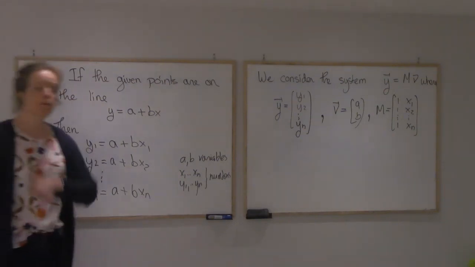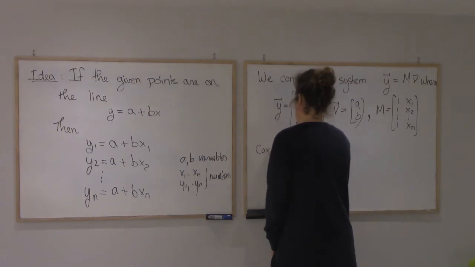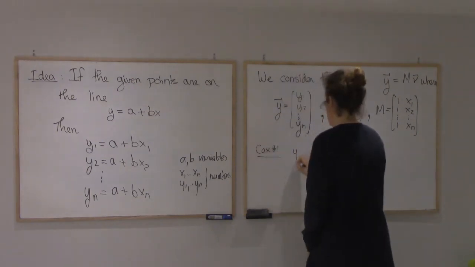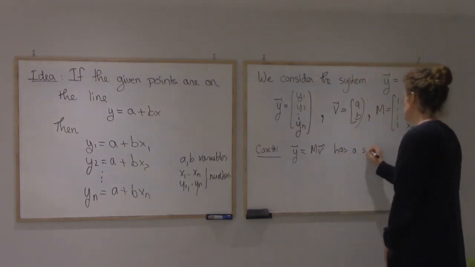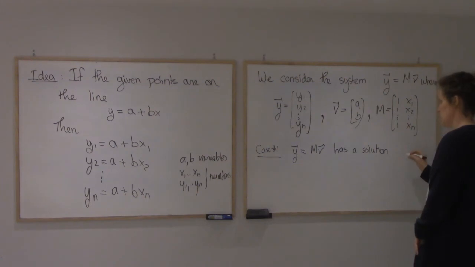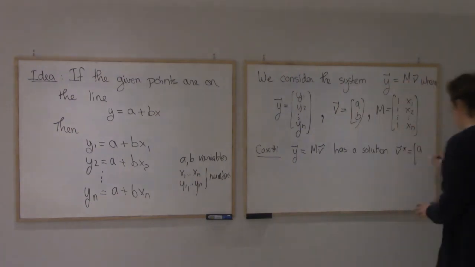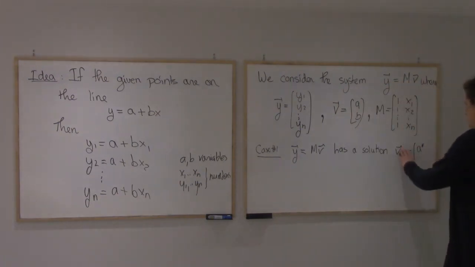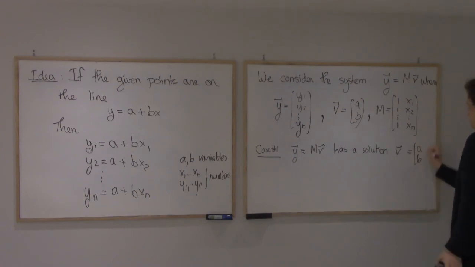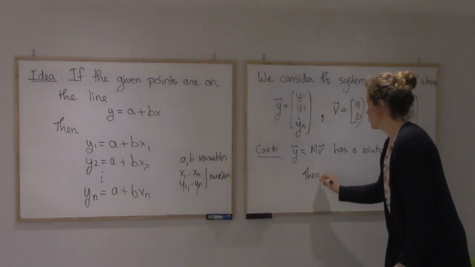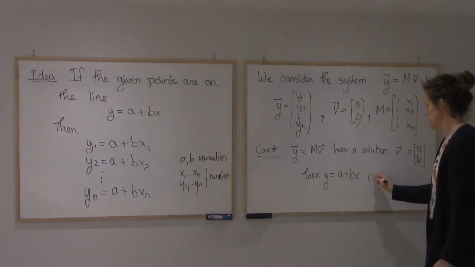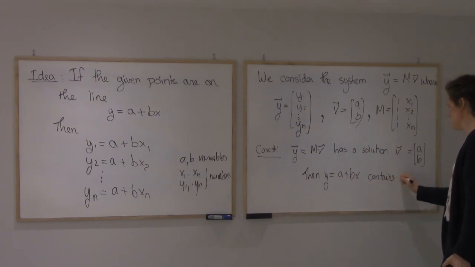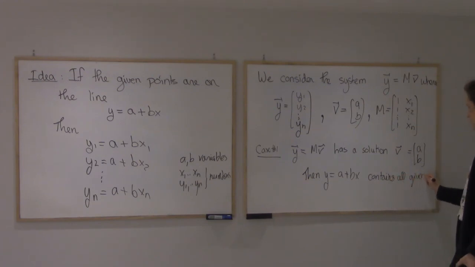All right, so case number 1. y equals Mv has a solution v star, then y equals a plus bx contains all given data.